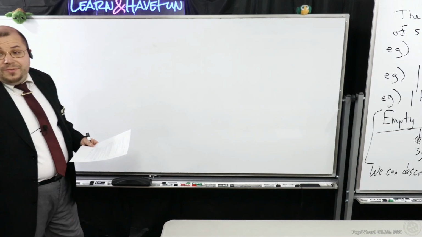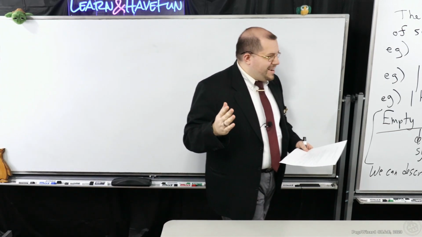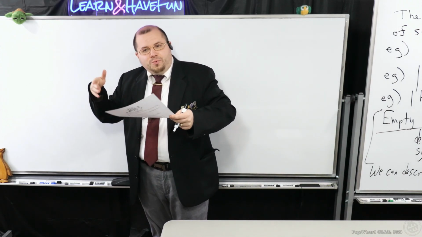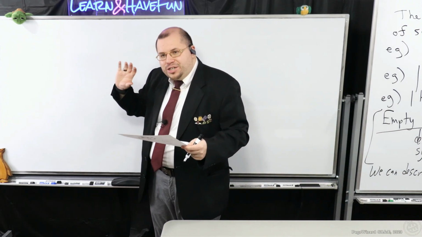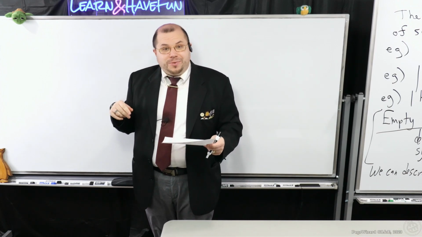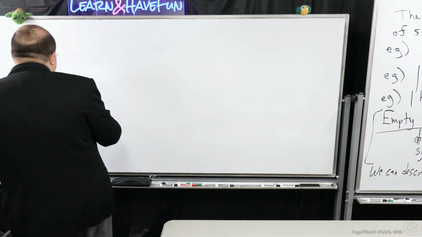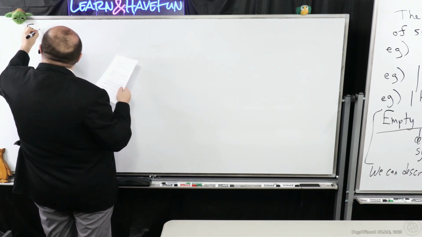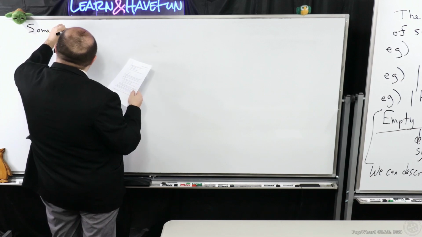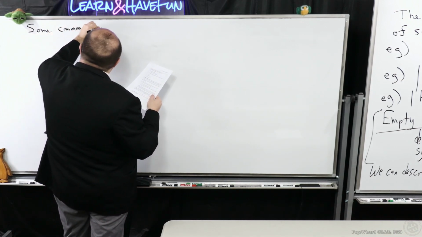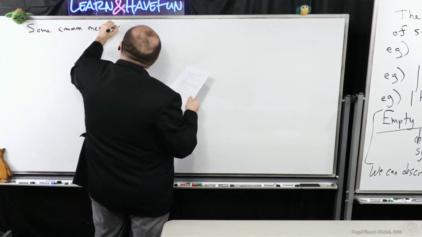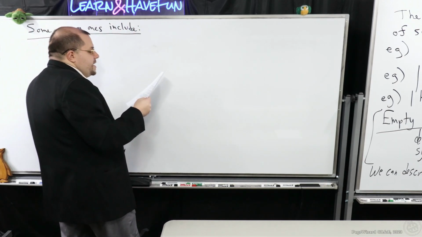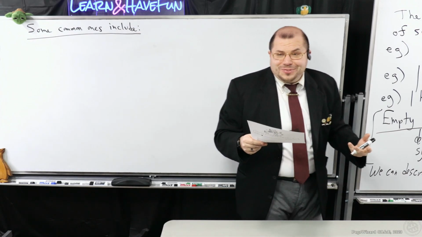So now that I've defined what a string is, I want to talk about different ways we can have sets of strings. I'm going to mention that and also an operation we might use on a string. So some common ones include the following. Each of these will have their own special symbols.